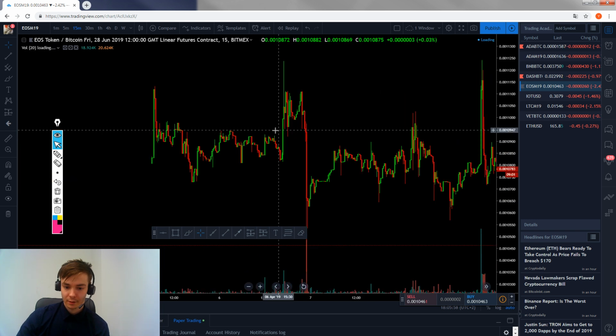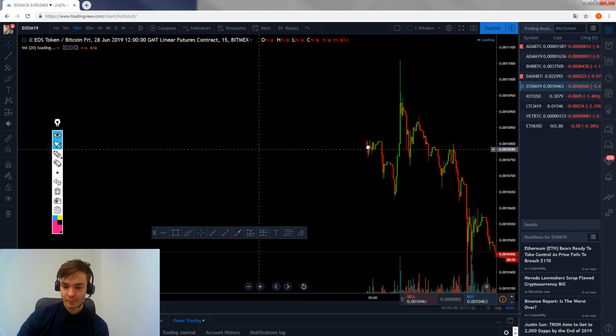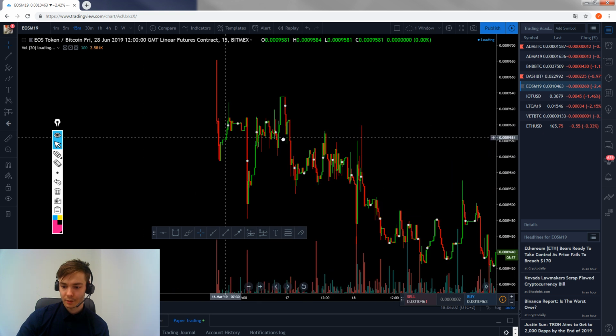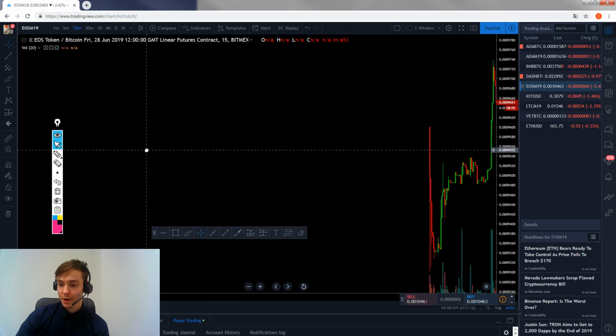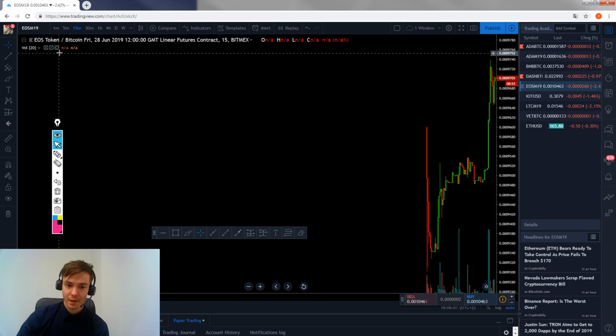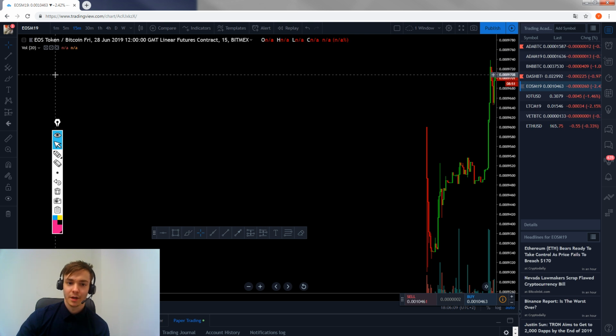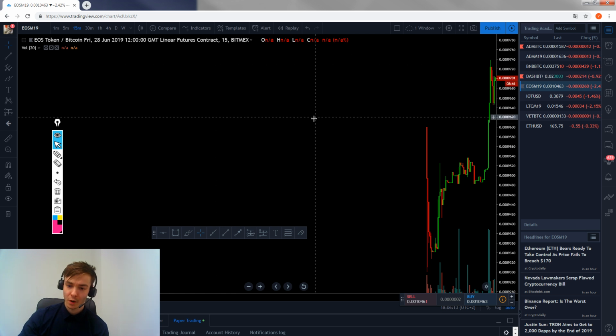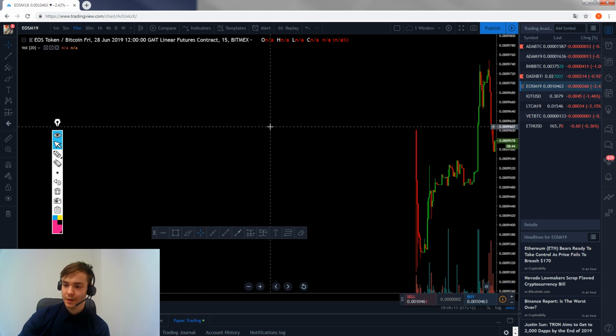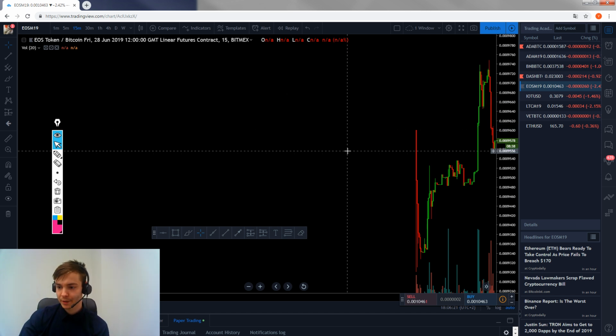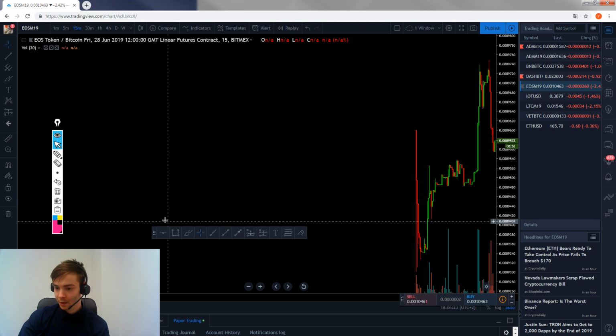I select a faster time frame, and I will start with the history. I select the EOS token because it's traded on BitMEX, and with BitMEX you can use bigger leverage, and with good margin you can short the position. So it's a good place to trade in short-term trading.